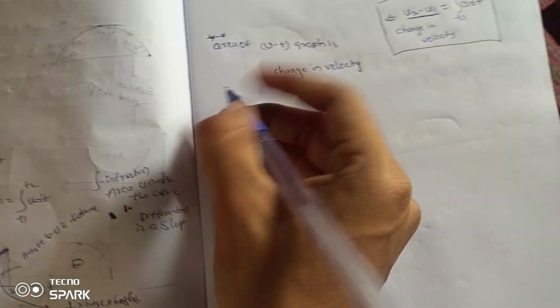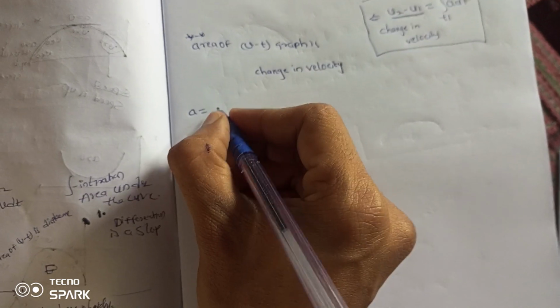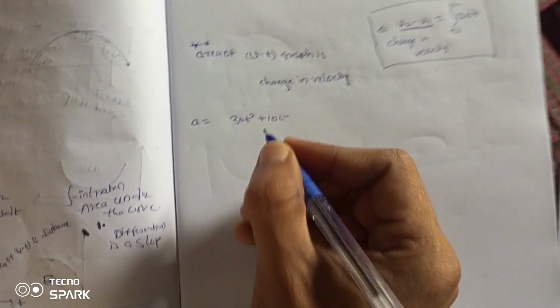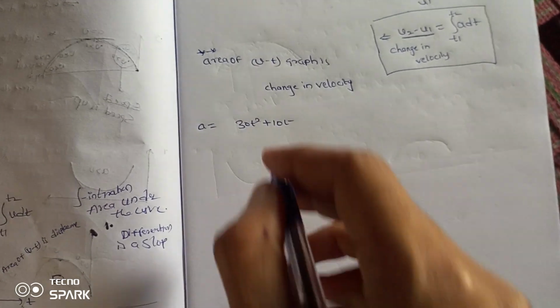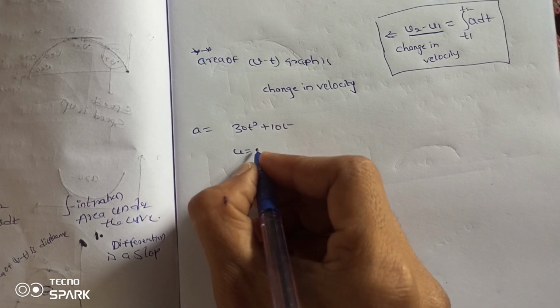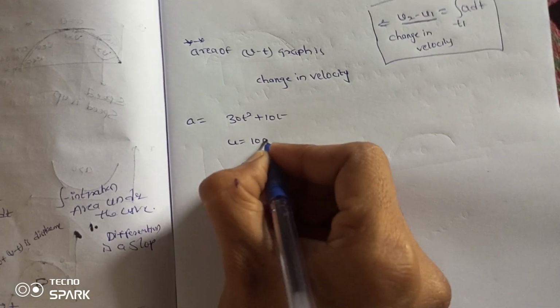And I will discuss a small example: acceleration 30t square plus 10t, and the initial speed is 10 meter per second.